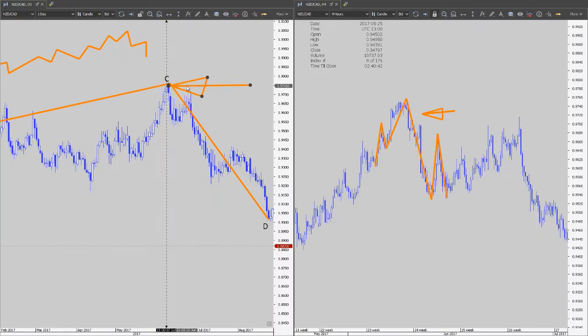If your confirmation time frame is the 1 hour chart, you are not going to see this on the 1 hour chart, but you should go on the correspondent lower time frame. If your confirmation time frame is the 1 hour, you go on the 15 minutes. You must have a crown.